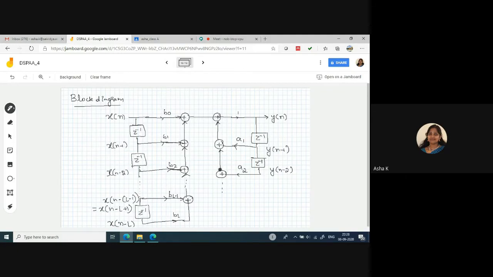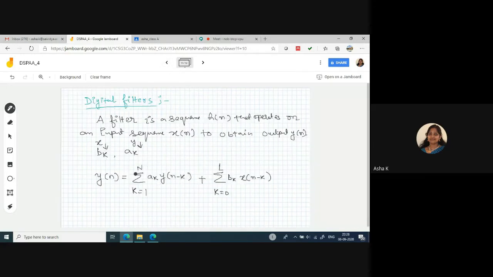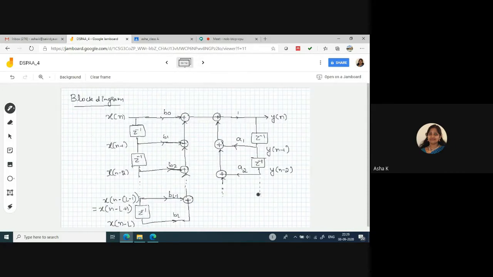So this goes on. When it comes to the last side, the maximum value of y here is capital N. So when we have capital N here, one more delay unit, the last delay unit that I'll be having here is z to the power minus 1, that produces y of n minus capital N, and at that particular end this is multiplied with a capital N and added to the adder.